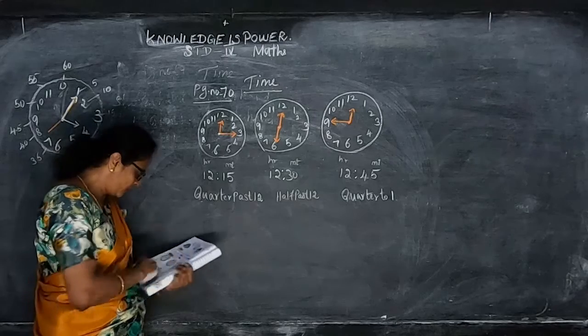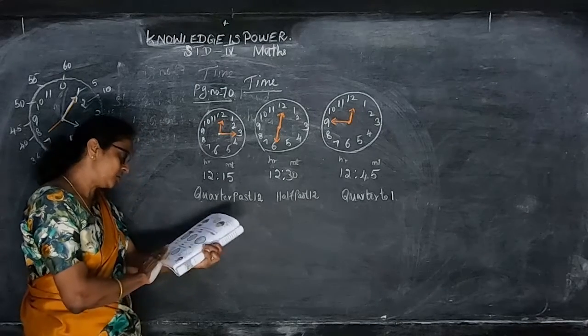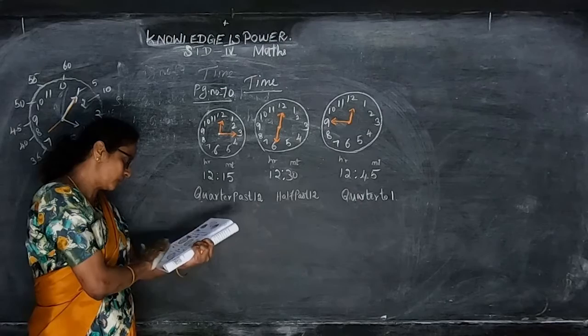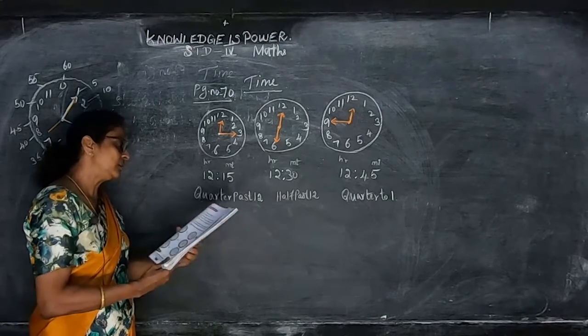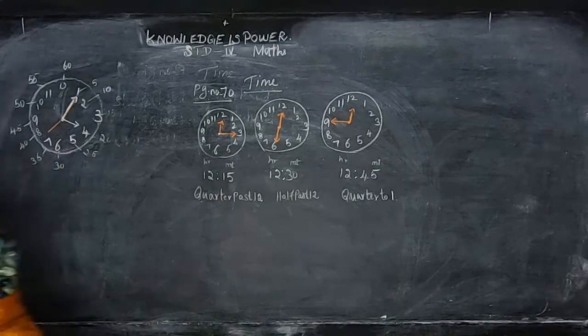Okay children. So this is the clock. Now the next one, exercise number 5.3.